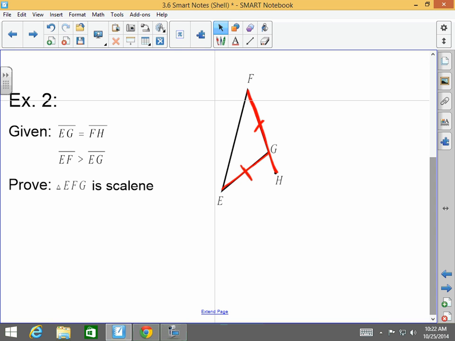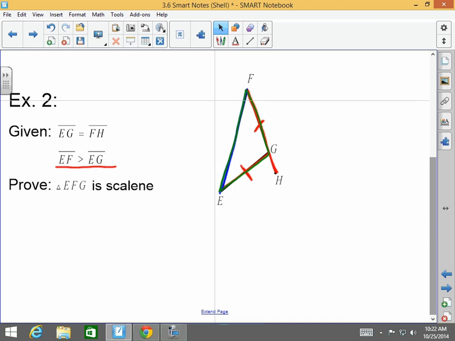They also tell us, though, that EF is greater than EG. I want to prove that triangle EFG, which is this guy right here in green, is scalene.